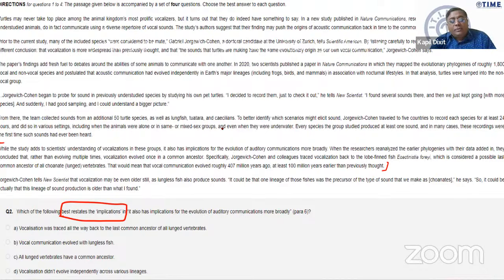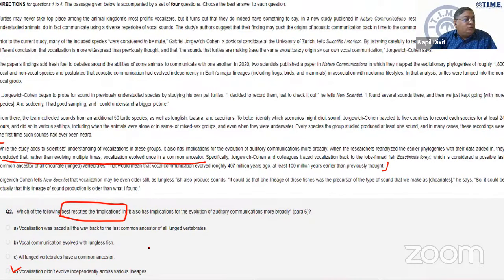Okay, and that is typically the answer choice. Which of the following best restates the implications in? It also has implications for the evolution of auditory communication more broadly. Vocalization did not evolve independently across various lineages. एक बार आया, across various lineages नहीं आया. Hence, it is the right answer choice. Okay.